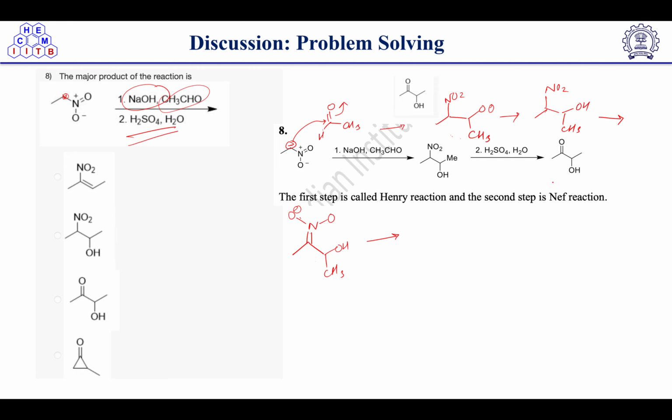So after getting this product, the base will abstract the proton from here again, and it will form this as an intermediate. After getting this one, protonation will take place. Okay. Then after the protonation, we will get the plus charge here.